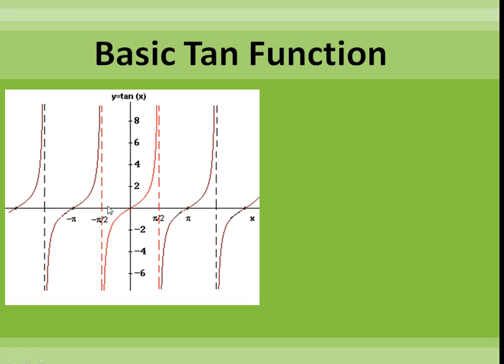Now notice very, very carefully that your period is going to happen between pi over 2 and 3 pi over 2, and from negative pi over 2 to pi over 2. So these periods are always going to be in terms of pi. So that brings us to the period being defined as pi.